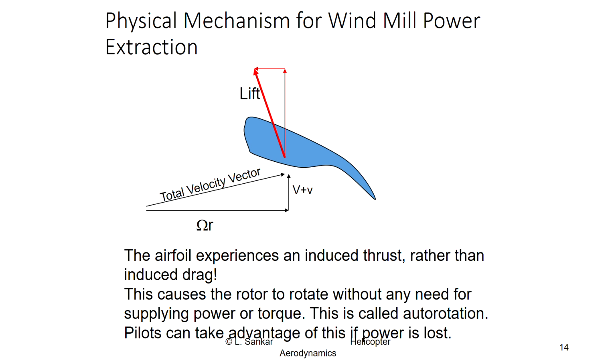So it increases the omega. On the other hand, let's say you're going at a very, very high capital omega. The opposite thing will happen. The horizontal component of velocity will increase relative to the vertical component, v plus v. Then the total velocity vector will rotate slightly in the clockwise direction. So the lift vector will rotate slightly in the clockwise direction.